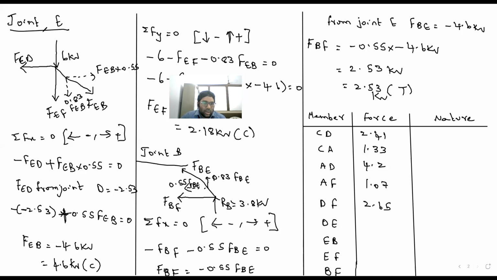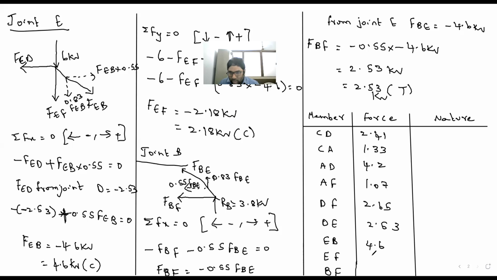How much did we get? Minus 2.53, so this is 2.53. Now what is BE? 4.6. What is EF? How much did we get for EF here? 2.18. And how much did we get for BF? 2.53. You have to write it in brackets, kilonewton, and you need to mention which are compression and which are tension.